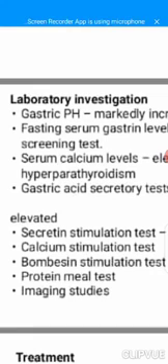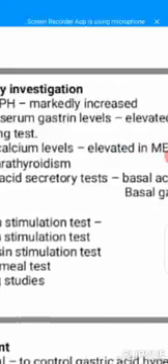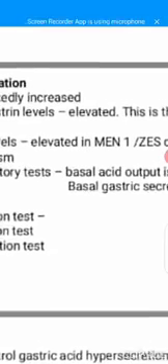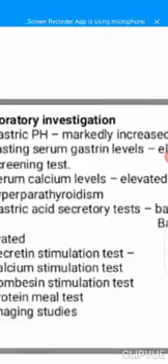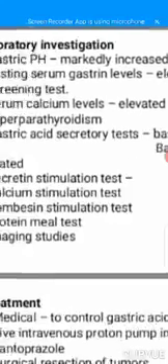Because parathyroid hormone can increase calcium level. Then when they carry out the gastric acid secretion test, what are we going to find out? We realize that the basal acid output is elevated. Why? Because gastrin is elevated. If fasting serum gastrin is elevated, then you expect the basal acid output to also be elevated.